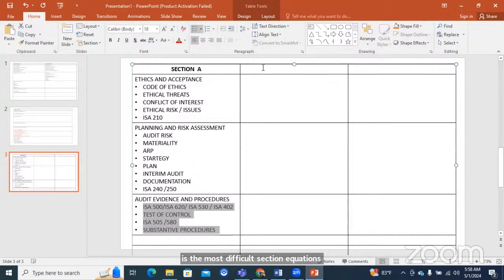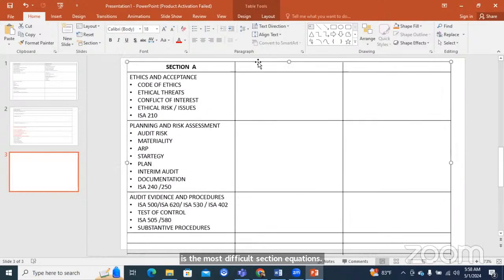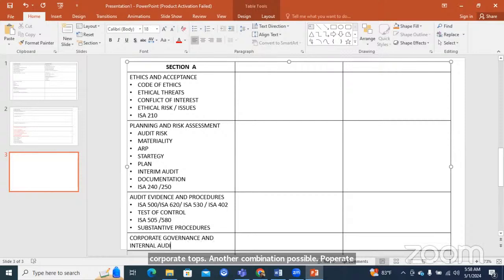Right? And very easy portion is internal audit and corporate governance. Another combination possible, corporate governance and internal audit. This can be combined.